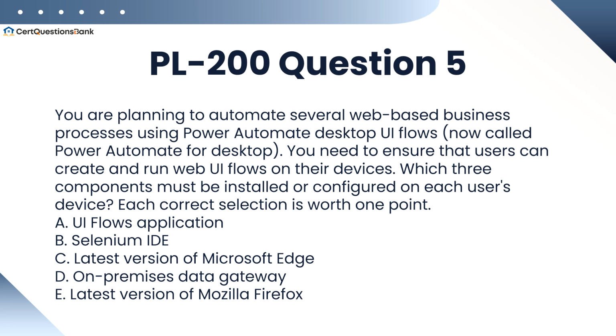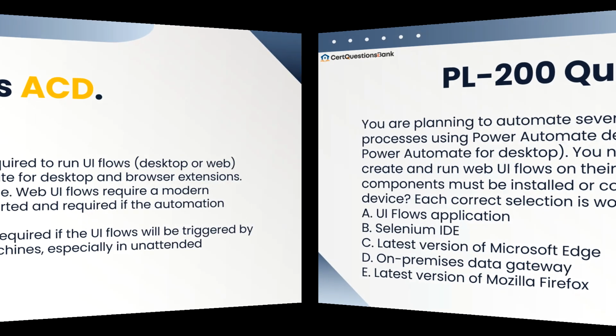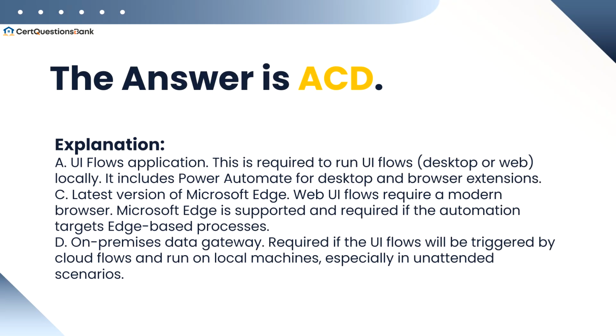Each correct selection is worth 1 point. A. UI Flows Application. B. Selenium IDE. C. Latest version of Microsoft Edge. D. On-premises data gateway. E. Latest version of Mozilla Firefox. The answer is ACD.